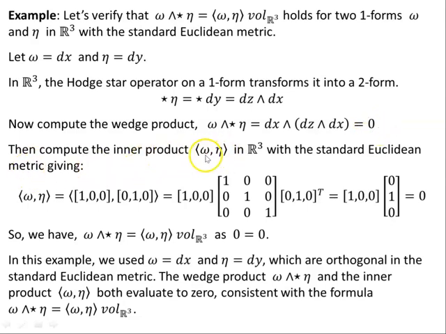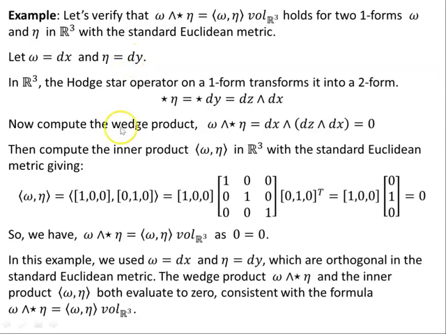Then compute the inner product of omega and eta in R3. With the standard Euclidean metric, the inner product of omega with eta is the inner product of these row vectors, covectors, one in the x place, one in the y place. As row vectors, dx has one in the x place, and 0 for the y and z places.